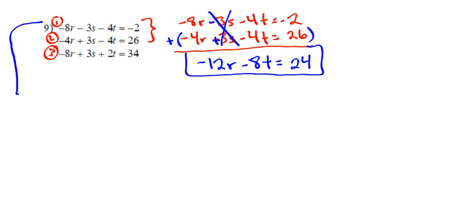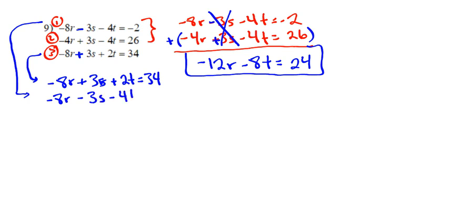My next pair will be equations 1 and 3, and I chose those because they also have opposite signs, which means we can add. All right, I'm writing equation 3 first. And then I'll write equation 1.